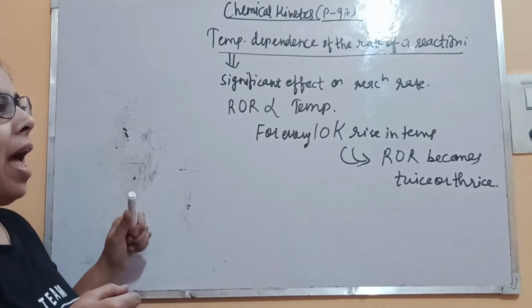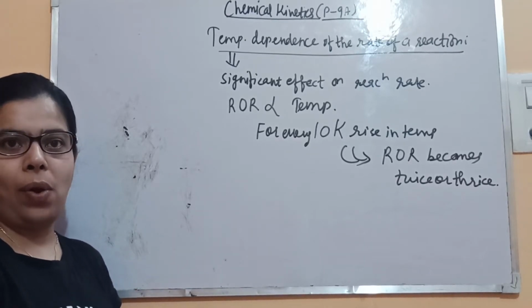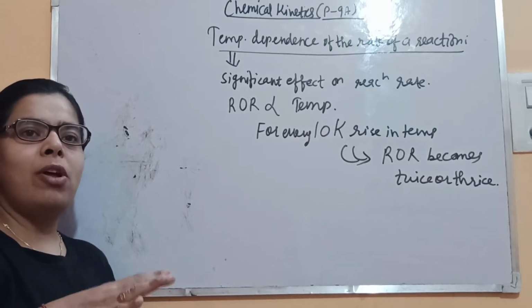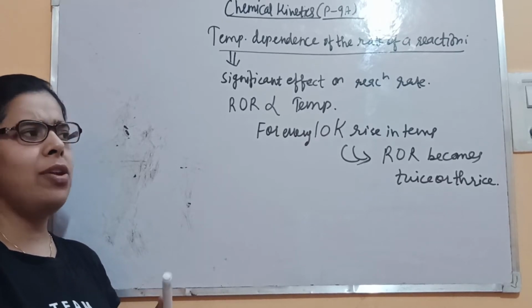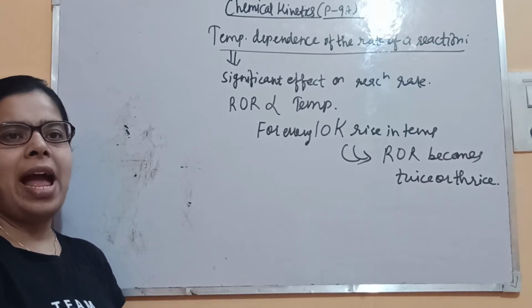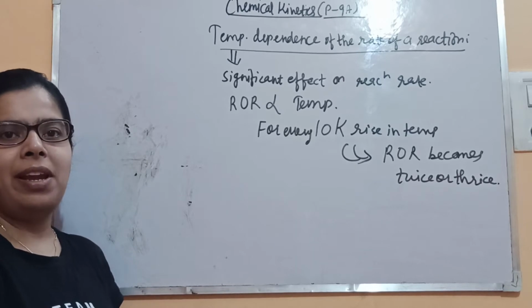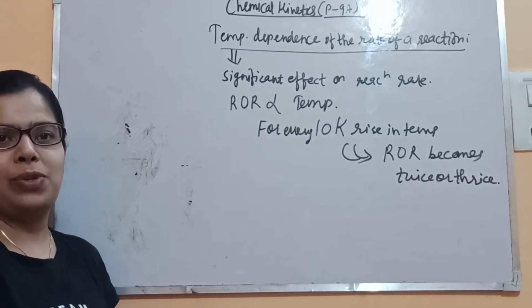And you can say that there are a few reactions which do not take place at all at their normal temperature, like combustion of fuels. Although they are in contact with the air or oxygen of the atmosphere, they are not burning. If they would burn on their own, then what's the use?